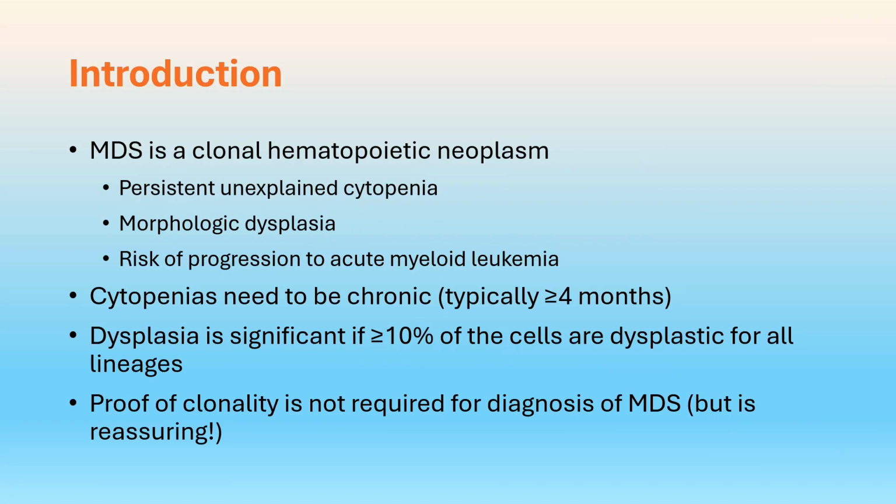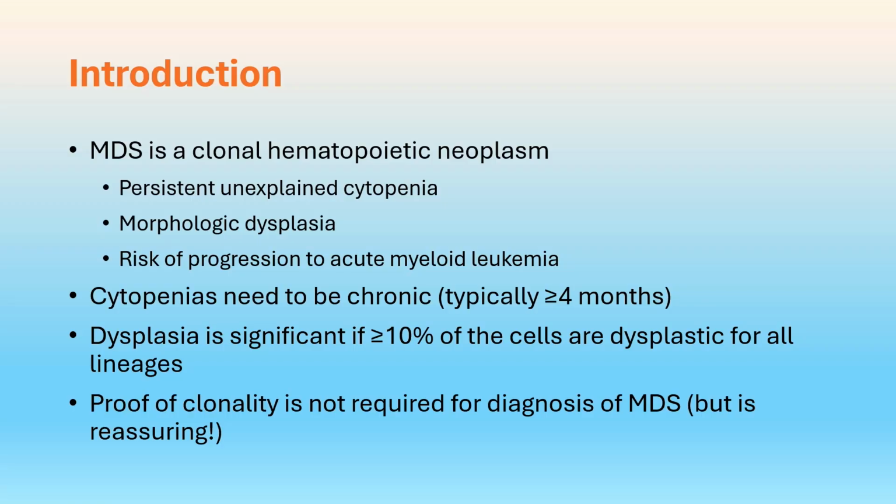All right, so MDS, just a few slides to introduce the topic, is a clonal hematopoietic neoplasm. The patients have persistent unexplained cytopenias, they have morphologic dysplasia, and they have a risk of progression to acute leukemia.